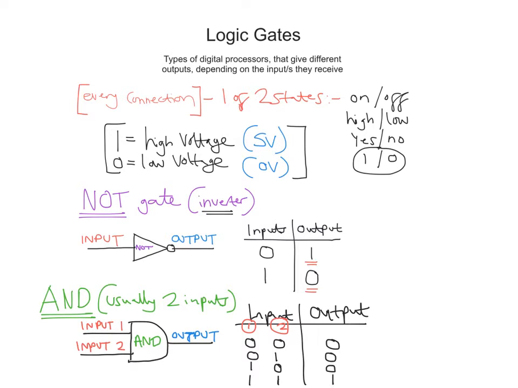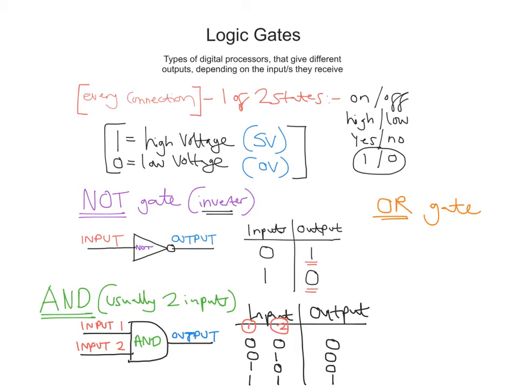And let's consider a third potential gate. And this third gate I want to consider is a bit of an unusual one. This is our OR gate. Put this up here. So this is our OR gate. And the OR gate just needs one of the two inputs to be a 1 for the output to be a 1.